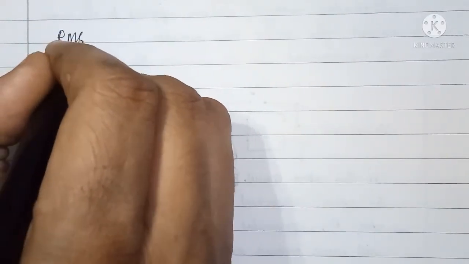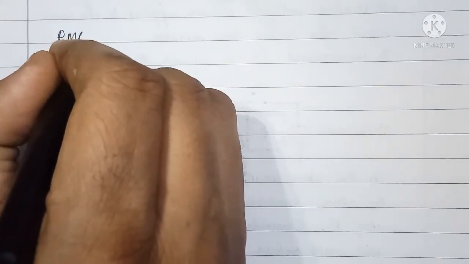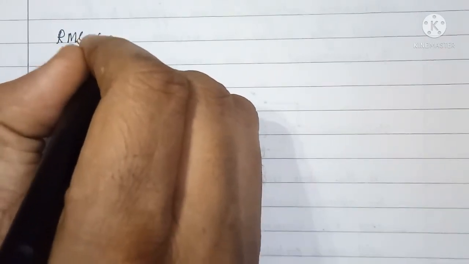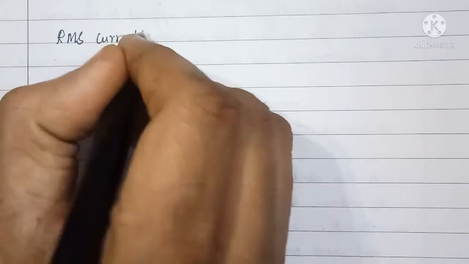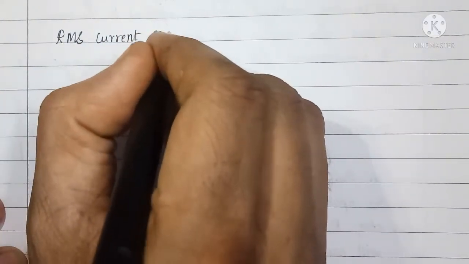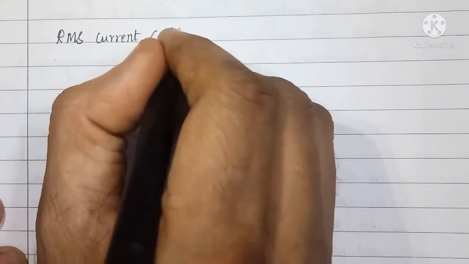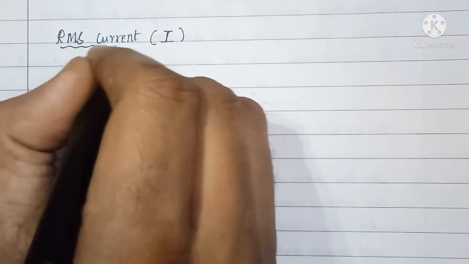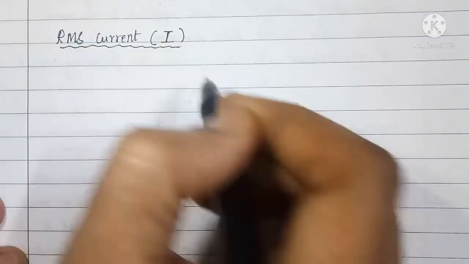Now we will define what is RMS current. RMS current is denoted by bold letter I or letter I with RMS subscript.